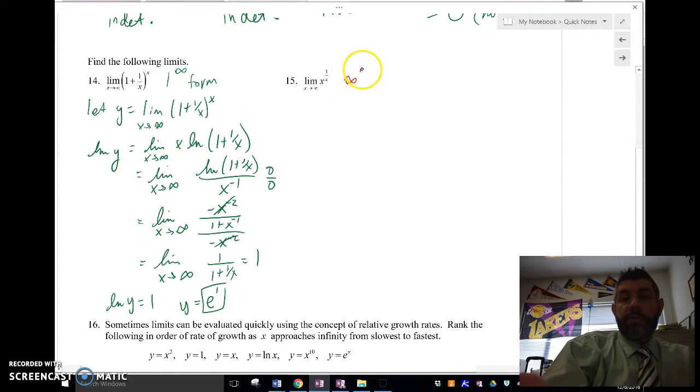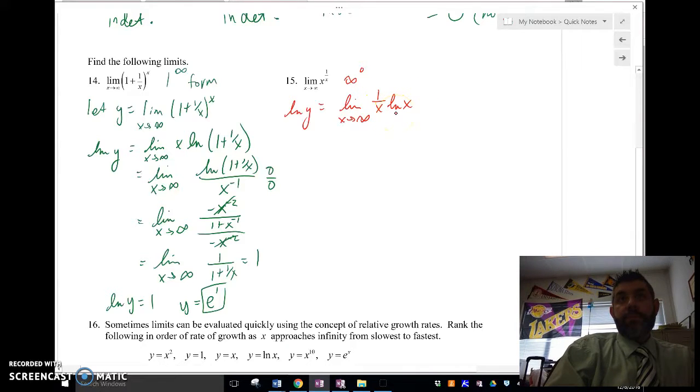This is the form of 0 to the infinity. So I'm going to do the same thing there. ln y is equal to the limit as x approaches infinity of 1 over x times ln x. So this limit is ln x over x, which is in the form of infinity over infinity, so I can use L'Hopital's rule.